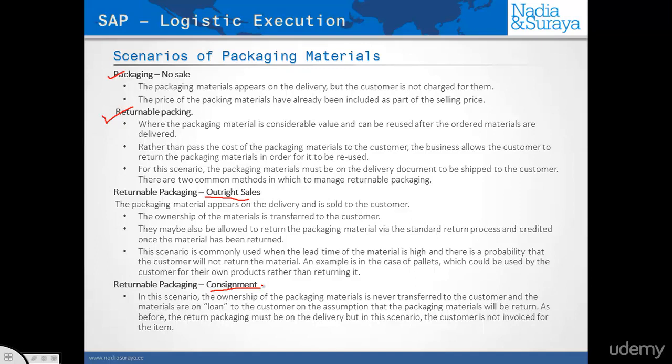A lot of times when you're delivering something, you might put all of the packaging in this big metal cage, deliver it to the customer, and want to track that the customer returns that metal cage the next day. That is a kind of consignment. So it's important, as I always say, to understand the business, understand how they want to manage the packaging material, and then have an SAP scenario that can fit it.